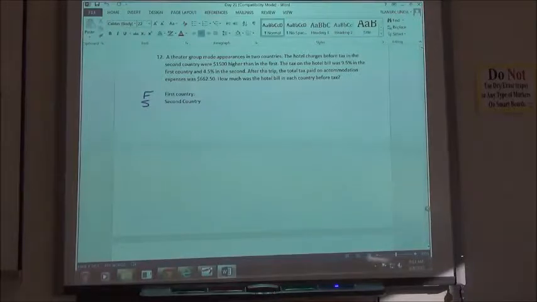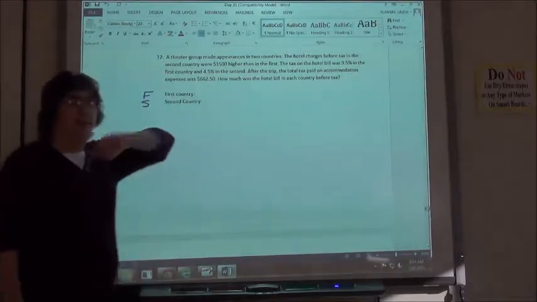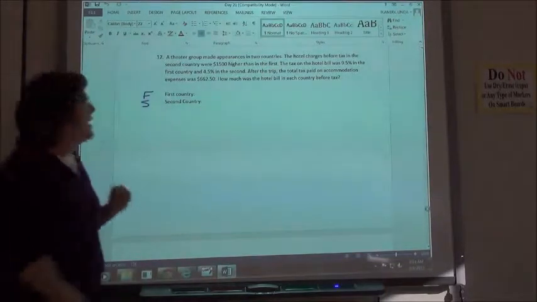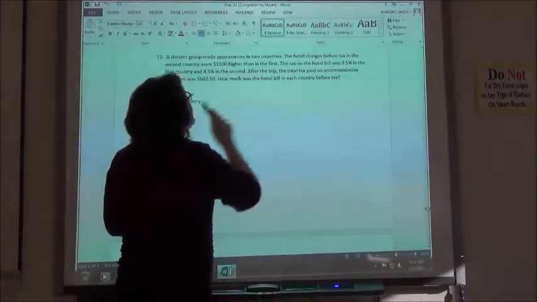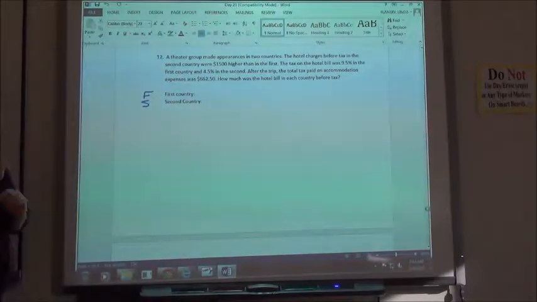If I want to take that second sentence and translate that, the hotel charges before tax in the second country were $1,500 higher than in the first. What should I have for my equation? I'm going to add, and what am I going to start with? S plus 1,500.